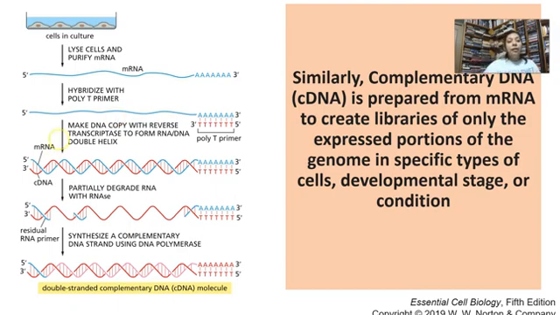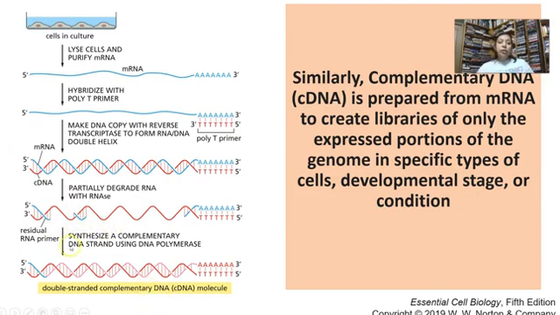DNA, and then we use the reverse transcriptase not only to form that initial RNA-DNA hybrid double helix, but also we can partially degrade that RNA with RNase and synthesize a complementary DNA strand to it using DNA polymerase.